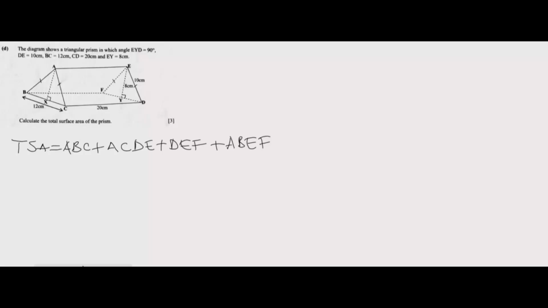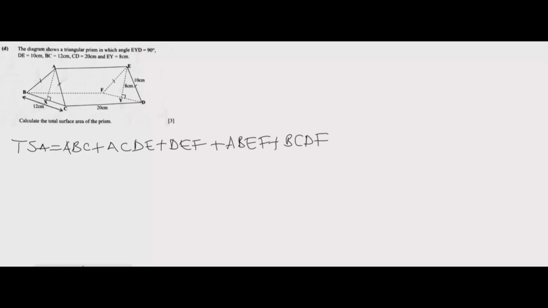Then we remain with the last surface area, which is the base. This one we're going to call BCDF. So these are the surfaces we have.